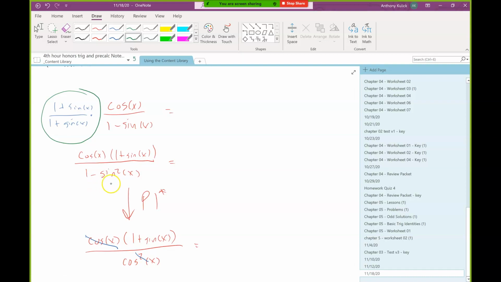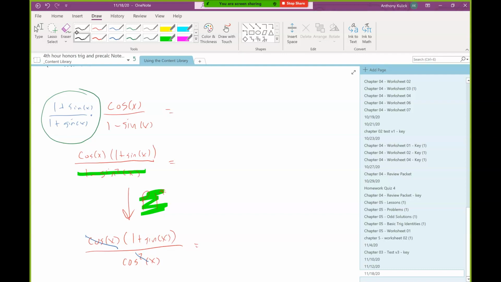I did it so I could get this 1 minus sine squared that I had an identity to use with. There was no common denominator to make because I only have one fraction.